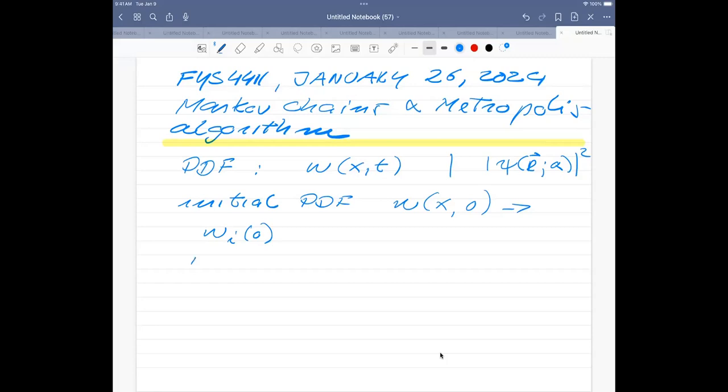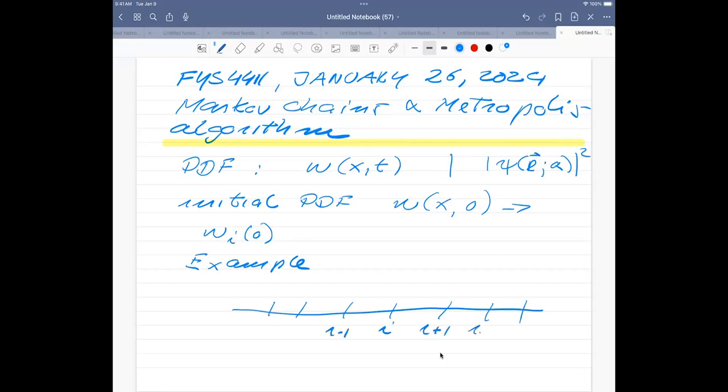As an example, you could think of this along a one-dimensional grid. Think of this as a one-dimensional system, and then you have different positions here, and then you have i plus 1, i minus 1, i plus 2, i plus 3, etc.